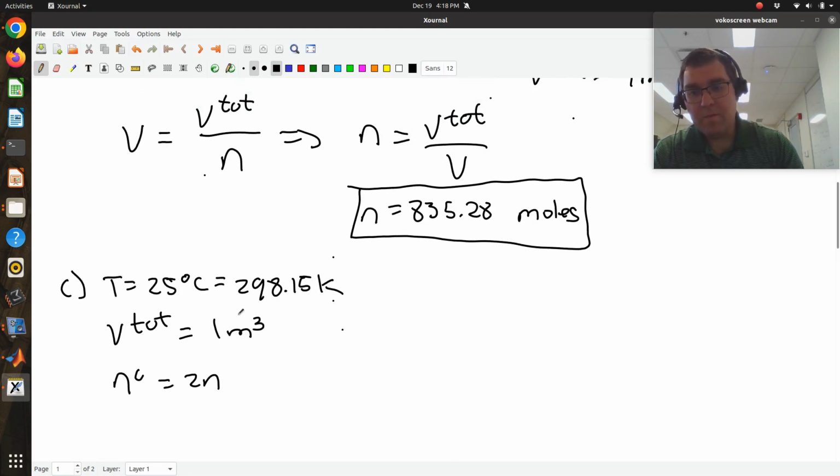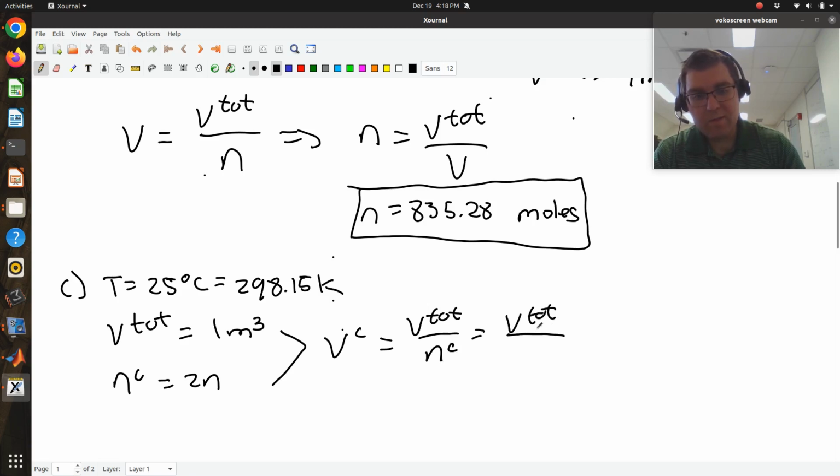All right. So since the number of moles is changing, what else is changing is V. So VC is going to be equal to V total divided by NC, where NC is 2 times the number of moles that I had earlier. V total over N is just equal to my molar volume before.